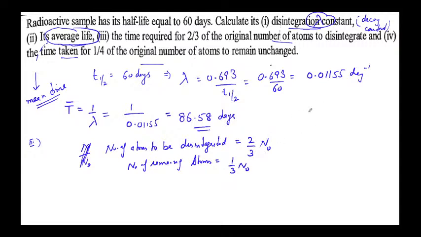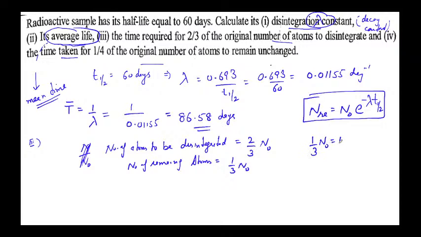सो जिहड़ा फार्मूला आपां लिखदे आ, ओहदे विच आपां हमेशा रिमेनिंग नंबर दे कंपैरेटिव जिहड़ी रिलेशन आ ओनू पुट करदे आ. So remaining number n over n naught. Putting in this value, n remaining is 1/3 times n naught, which is equal to n naught e raised to the power minus lambda t.